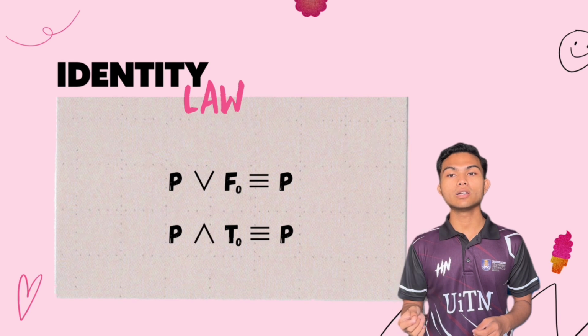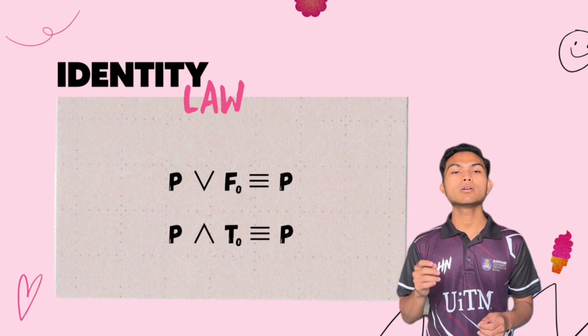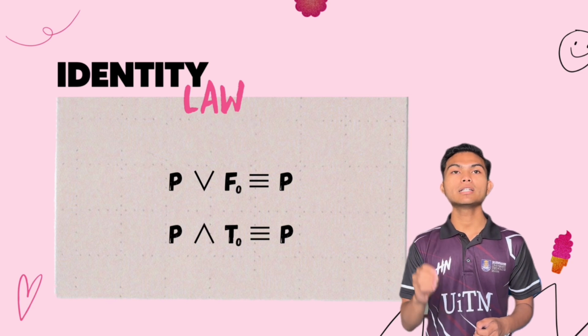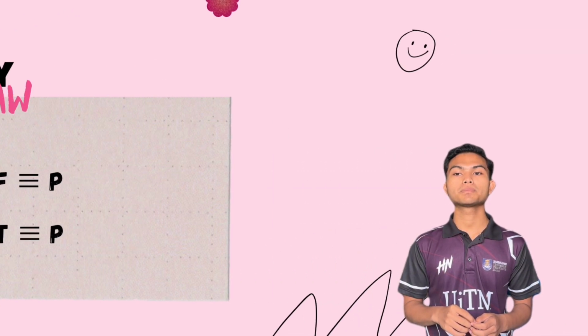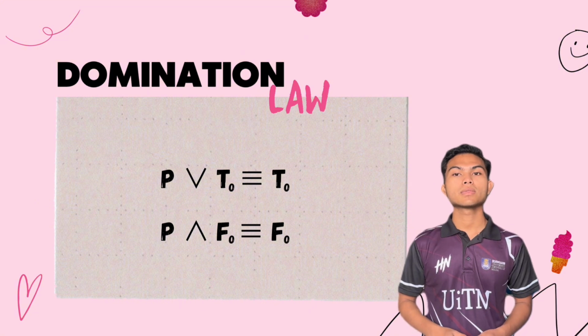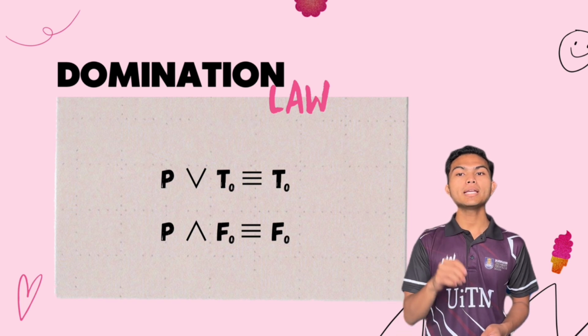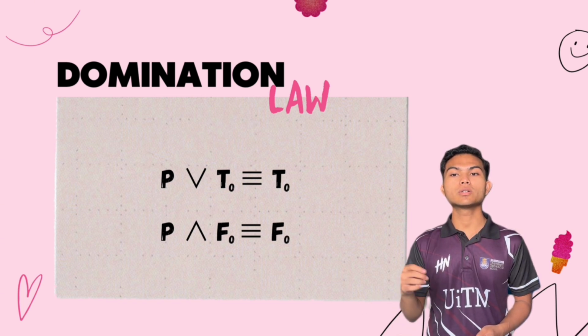This one is the identity law. We have P or contradiction equals P, and P and tautology equals P. And for the domination law, we have P or tautology equals tautology, and P and contradiction equals contradiction.